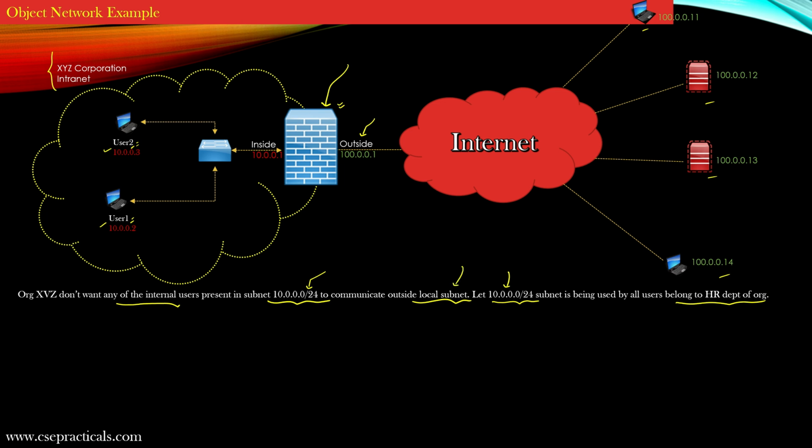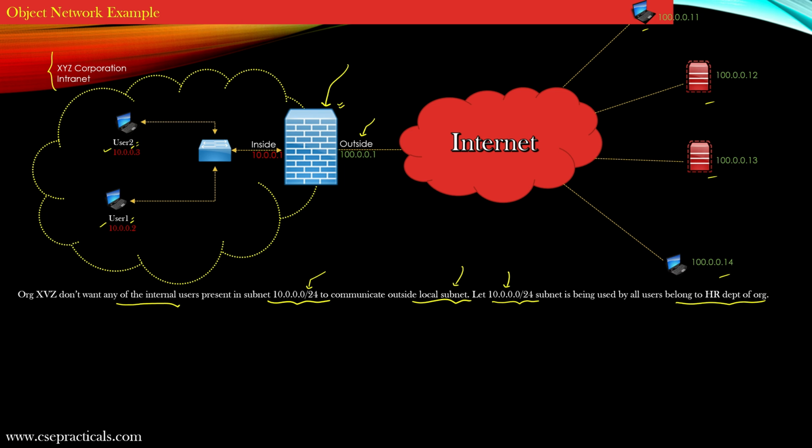That is, XYZ Corporation just wants the users of the HR department to communicate with each other within the same subnet, but it doesn't want any of them to communicate with any users on the internet or any members of any other department within the organization. So how can object networks help achieve this objective?